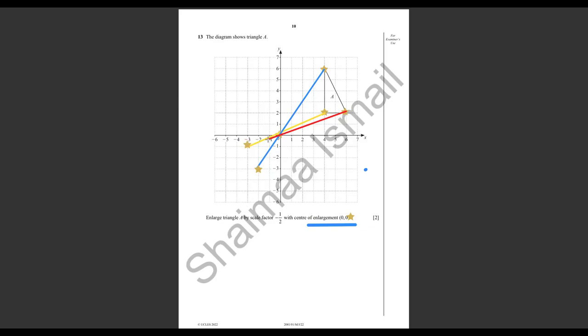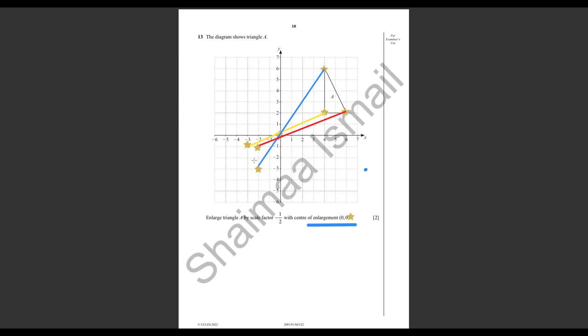Here it is 4.5. So I'm gonna set it half, halfway. I'm gonna make it correctly. Yes, exactly, -2 and -1.